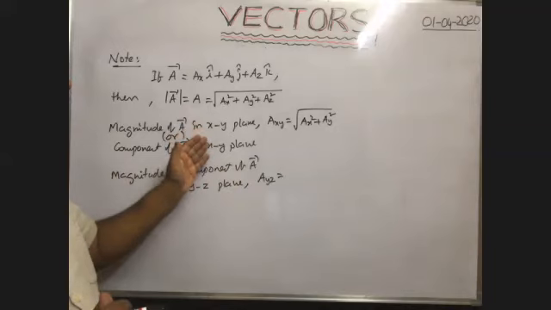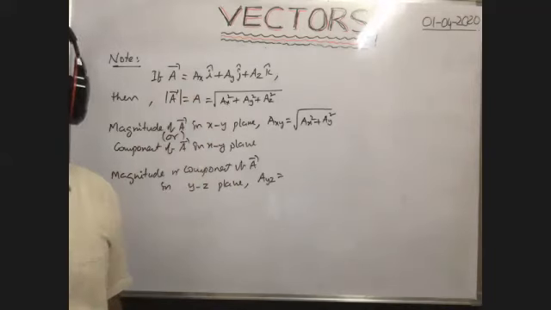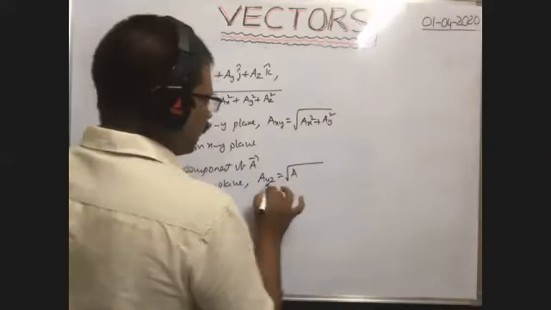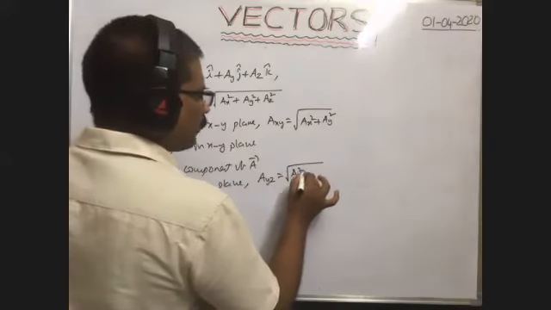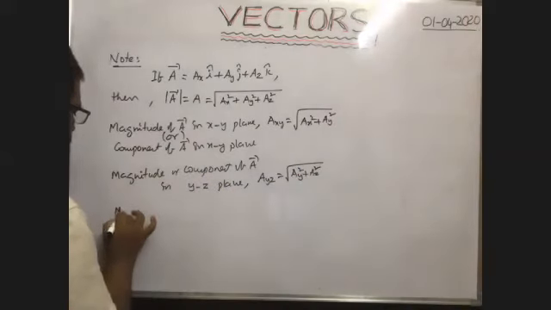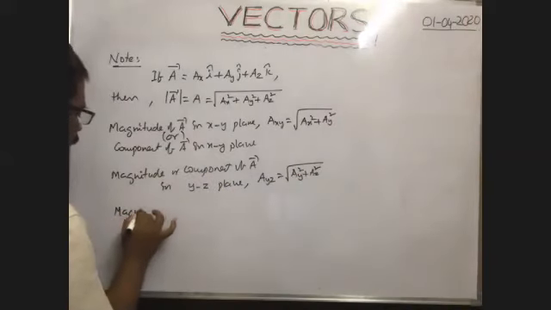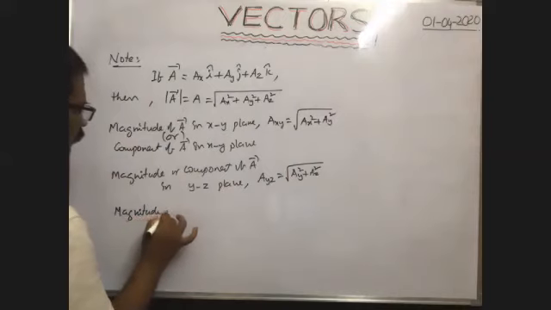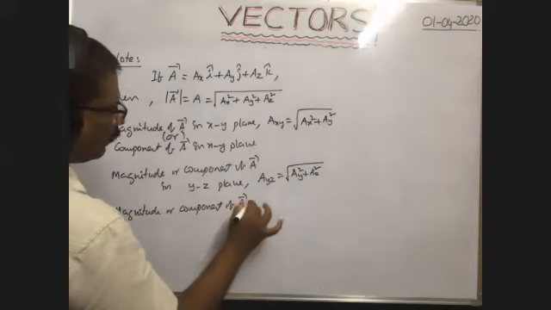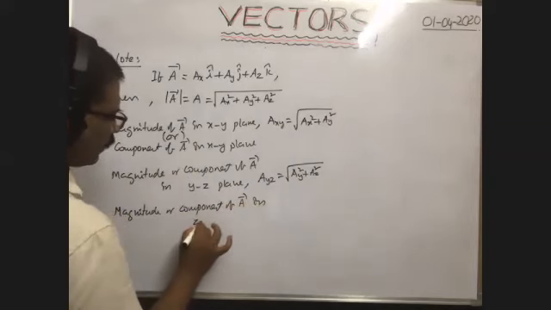They asked. In the yz plane, how can we write? Square root of y component square plus z component square. Similarly, the magnitude or components of a bar in the zx plane.